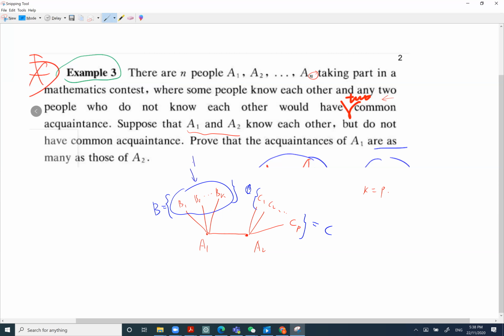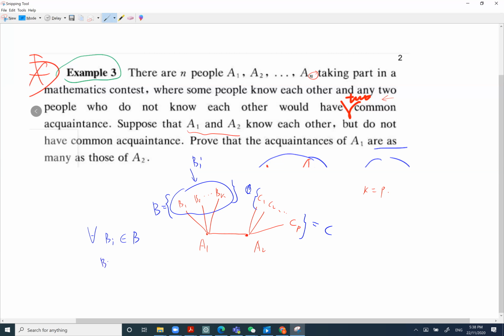Any BI in B. That's a math symbol, just meaning any person who knows A1. But this BI does not know A2. So it's not a common friend, because BI cannot know A2.